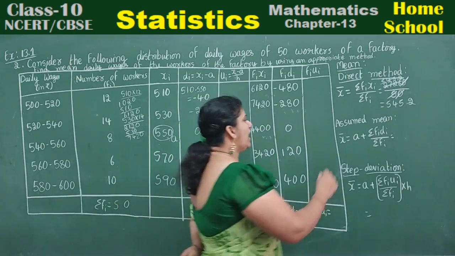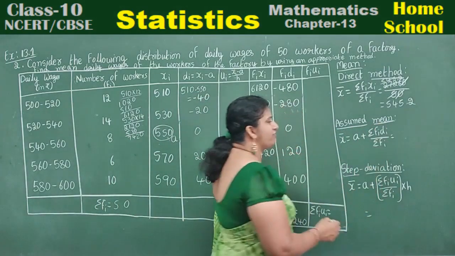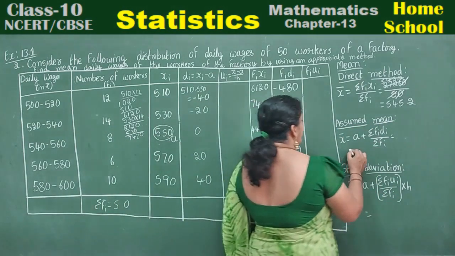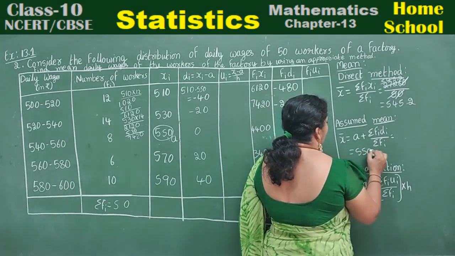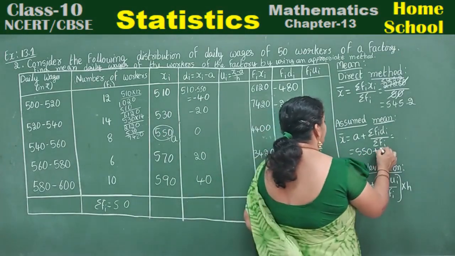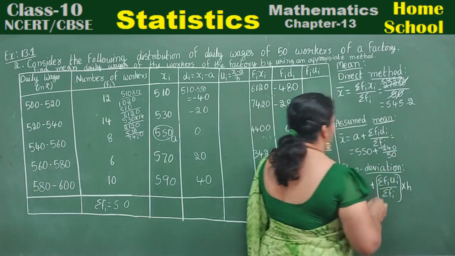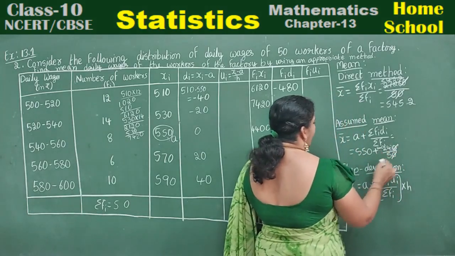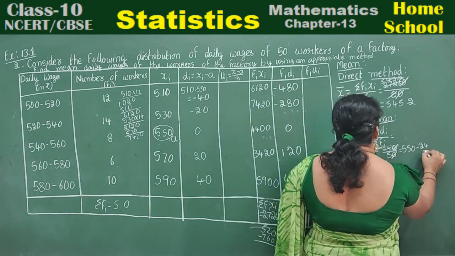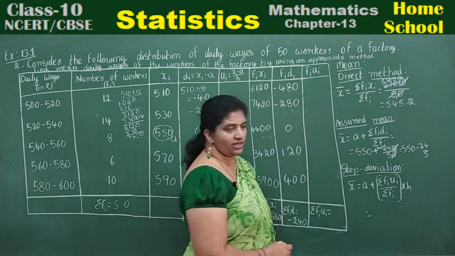Apply in the formula, assumed mean method. X bar is equal to A plus summation Fi Di by summation Fi. The assumed value A is 550. Summation Fi Di is minus 240. Minus 240 by 50. 0, 0 cancel. Now, 550 minus 24 by 5. 550 plus into minus will be minus.